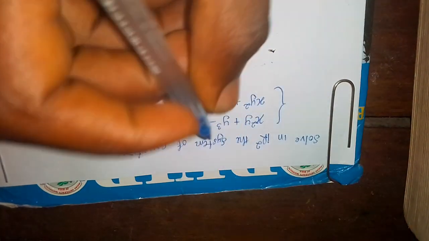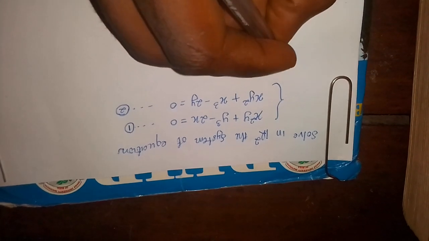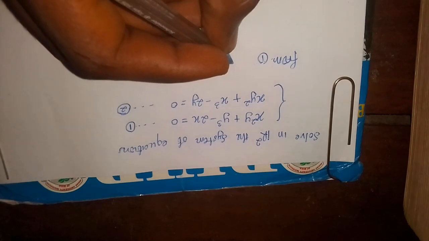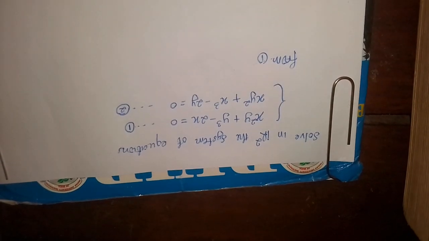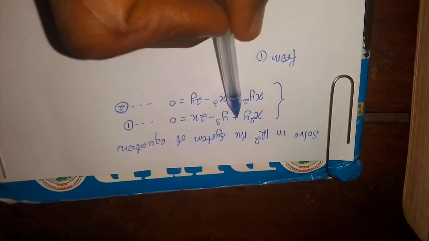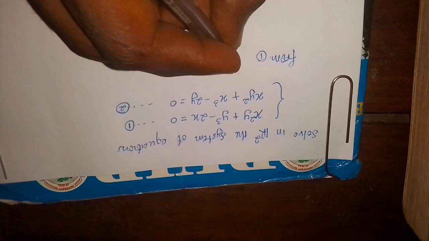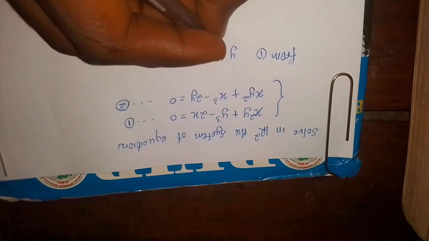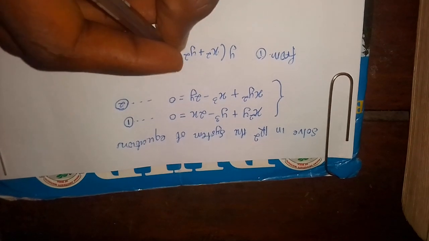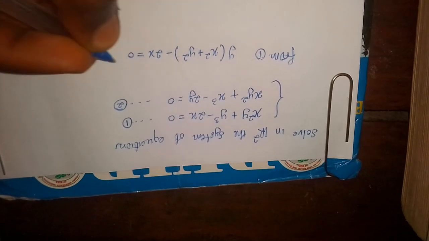In the first equation, equation 1, I will factor out y. Y is common for this first part. So that I have y into x squared plus y squared minus 2x equals 0.